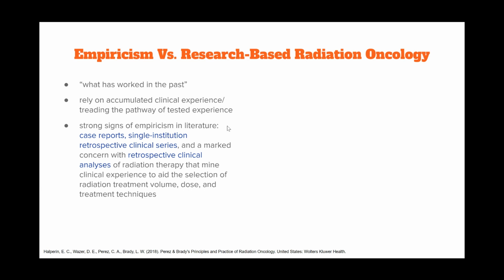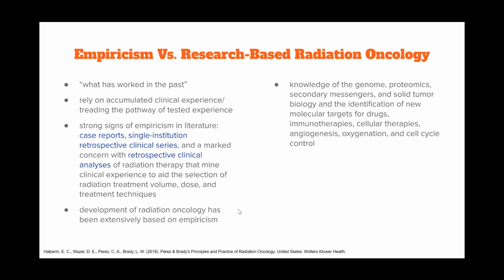We have case reports, retrospective studies, single institutional clinical series, and a lot of retrospective data, especially regarding radiation volumes, the dose, and the treatment techniques. So the initial development of radiation oncology has been really based on empiricism. We were just doing what we were doing, and if it was working, we were doing it more.